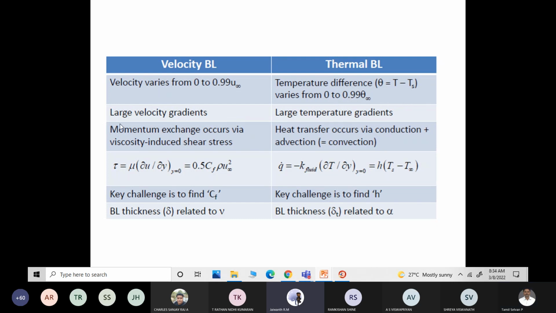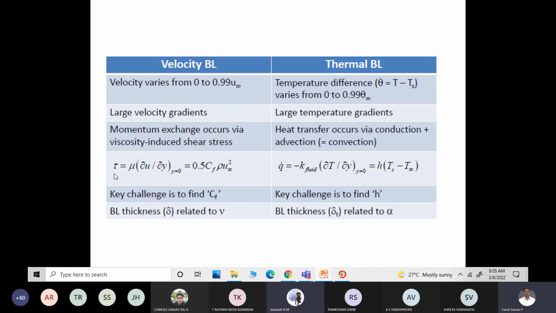In the velocity boundary layer, larger velocity gradients will be there, whereas in the thermal boundary layer, larger temperature gradients will be there. Momentum exchange occurs via viscosity induced shear stress. This is very important, that's why the viscosity of the fluid is always very important. Whereas heat transfer occurs via conduction plus advection, which is nothing but convection.